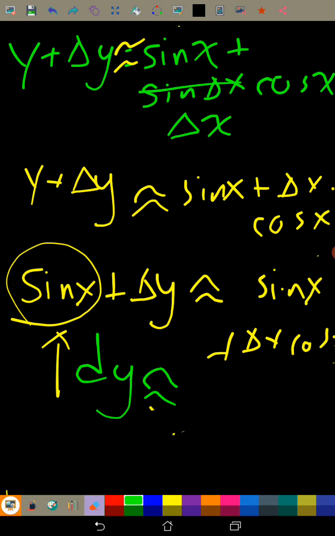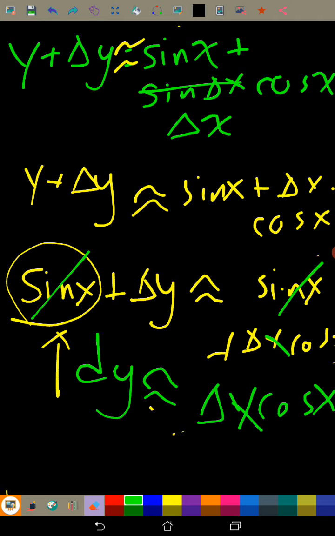Therefore, because this will cancel each other, we'll be left with this, and then it's going to be delta x cos x. So if we make dy by dx, it is approximately cos x.